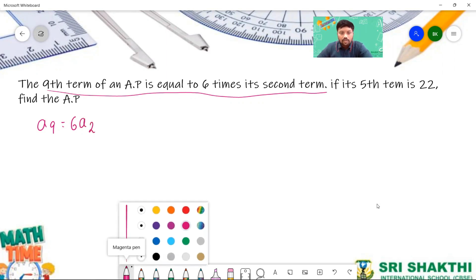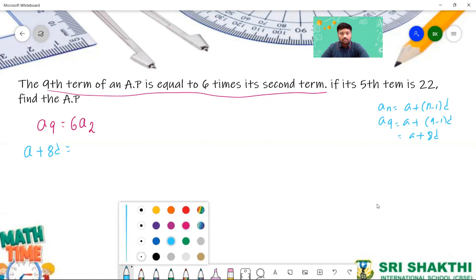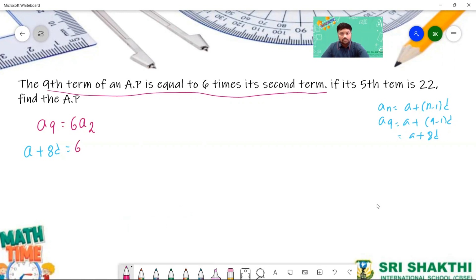Here we have a formula, my dear students: An is equal to a plus (n minus 1) into d. Based on this, A9 means a plus (9 minus 1) into d, that is a plus 8d. So I write A9 is equal to a plus 8d, which is equal to 6 times A2.